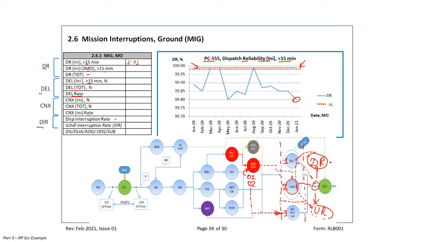I'm going to use an ideal case. Let's say last month we had 100% dispatch reliability, but at the same time, 01 is unavailable.